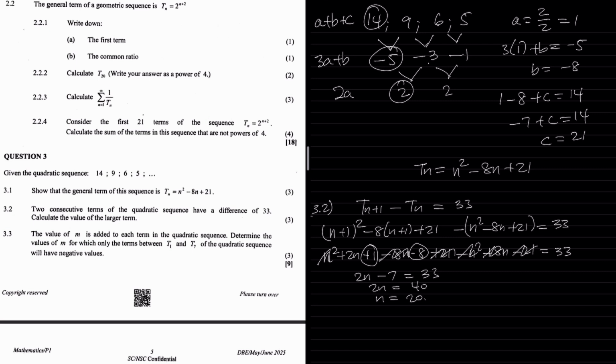So Tn will be T20, and Tn plus 1 will be T21. They want to know the value of the larger term, so we want to work out T21. T21 will be 21 squared minus 8 into 21 plus 21. That's equal to 294.